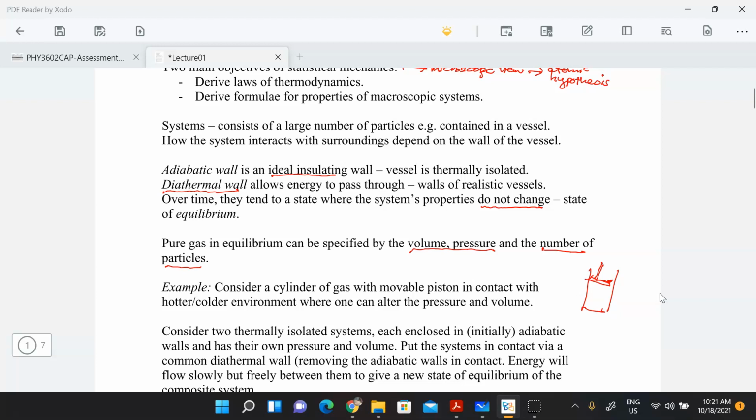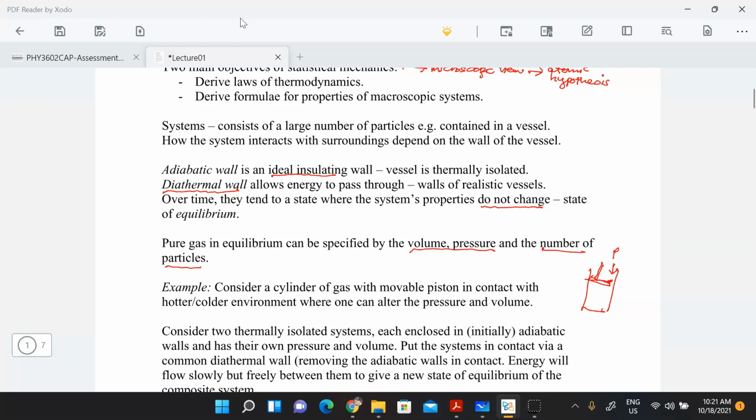For example, you can put some weights over here, so you increase the pressure, and then this piston goes down and the volume gets smaller, and when the volume gets smaller, the particles inside get heated, and then the temperature changes.